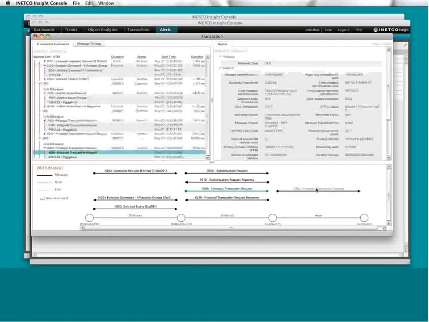This request went out for authorization, and no response ever came back. That's why you see this dash here, where it was essentially an incomplete transaction from our perspective. So now what we've got here is an authorization request that went out to a third party, a key component of the application environment, and it looks like for some reason a response wasn't returned.